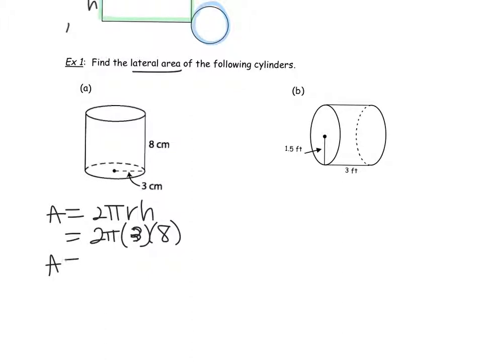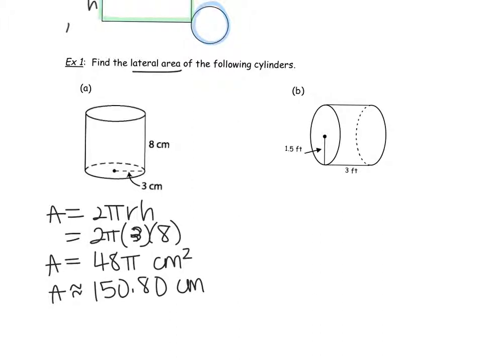So that gives us a lateral area of 48 pi, and then again, because it is area, it would be centimeters squared. We want to approximate the decimal area as well, which is 150.80 centimeters squared.